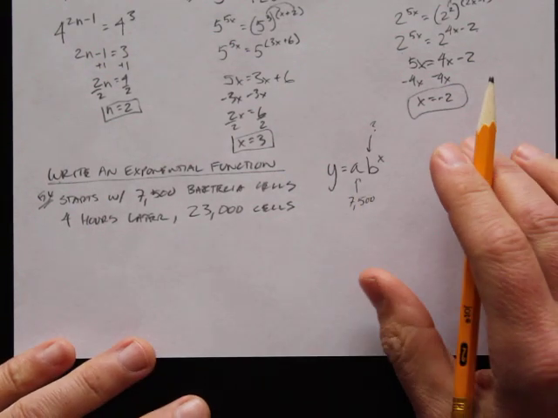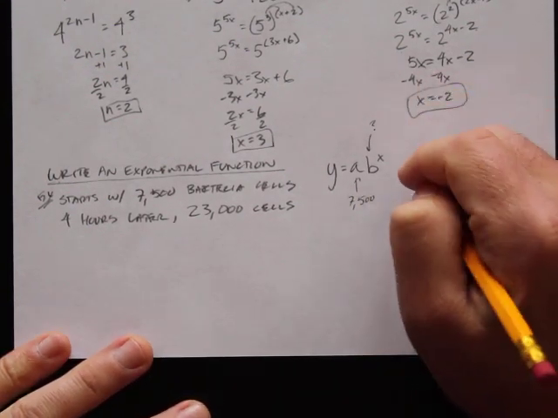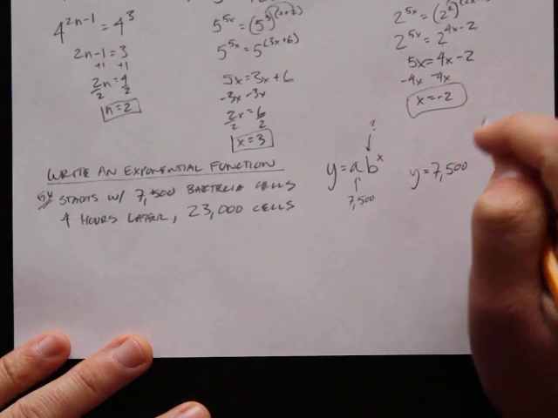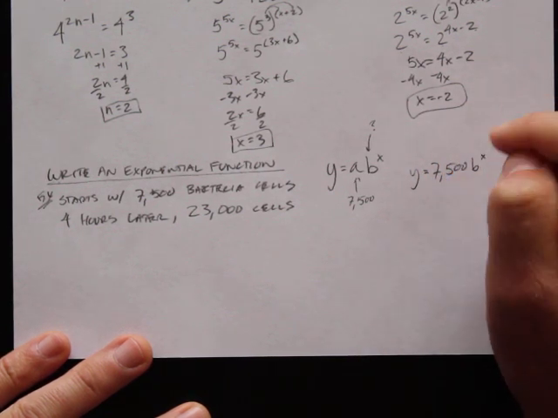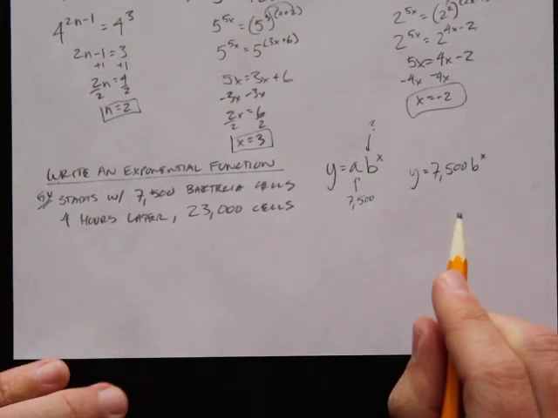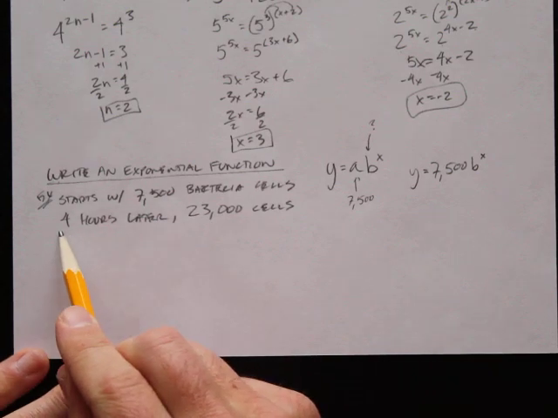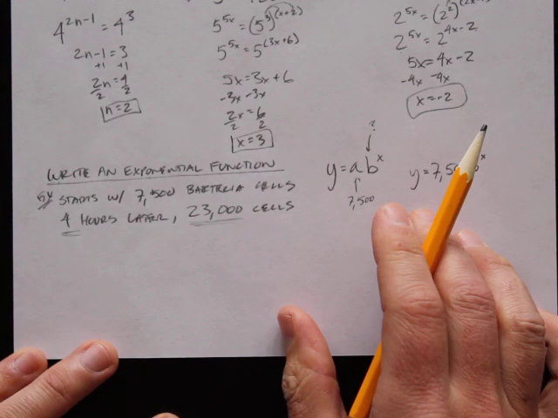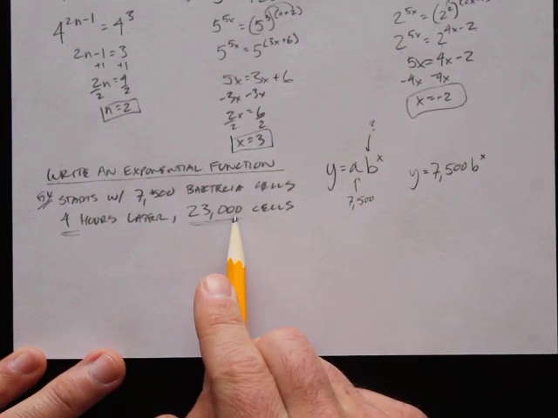Okay, here's how we do it. Let's rewrite our equation. y equals 7,500 times b to the x power. Here's what we know. 4 hours, we have 23,000 cells.